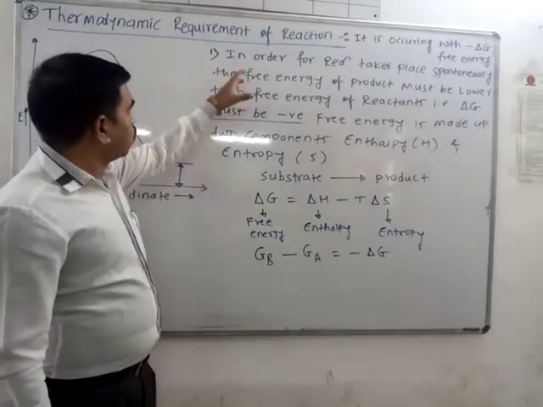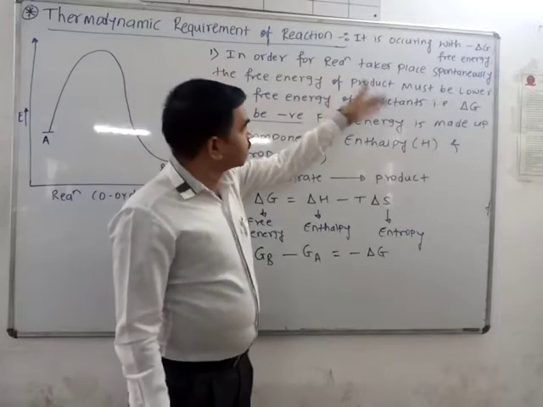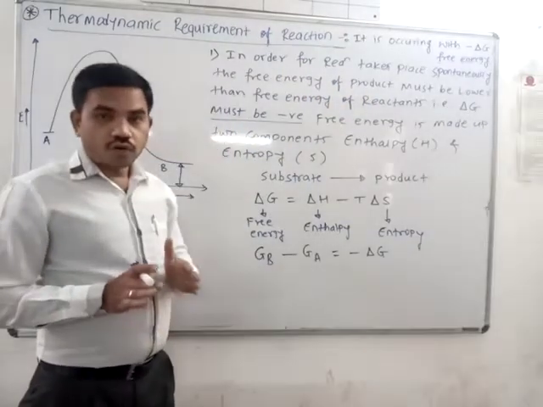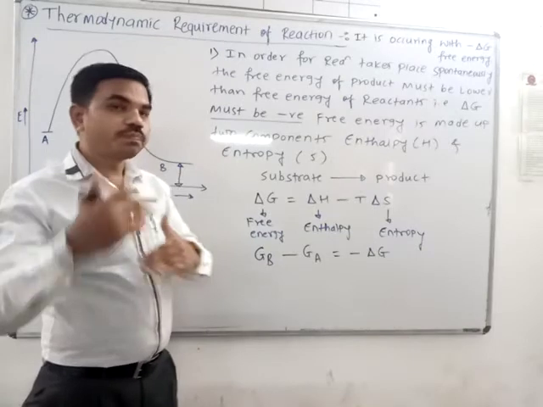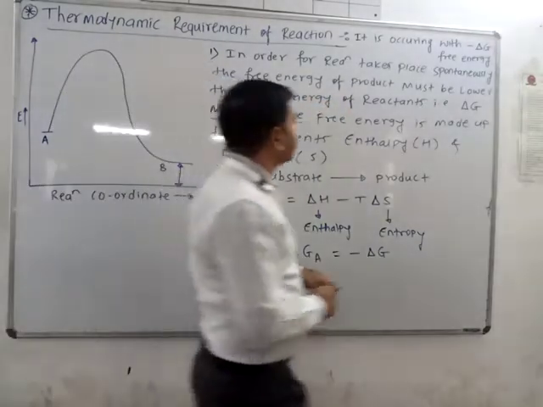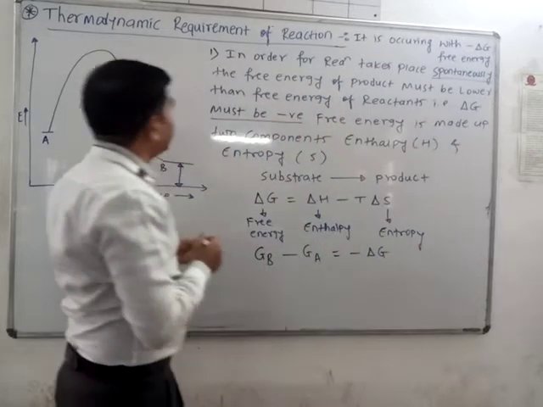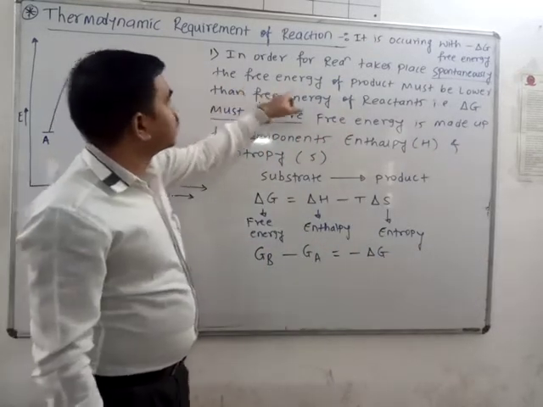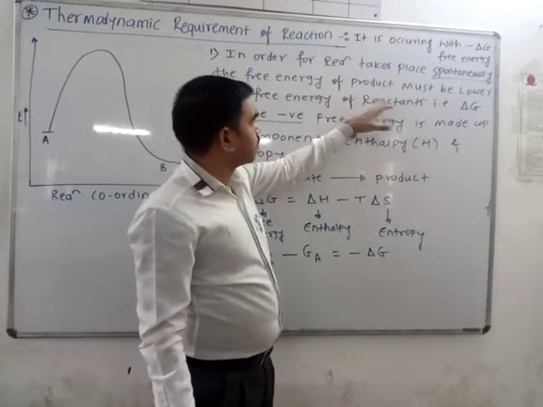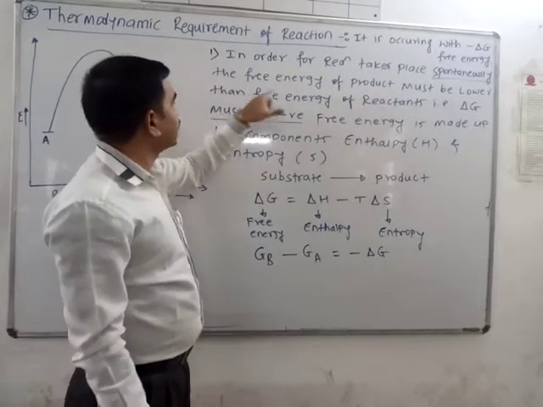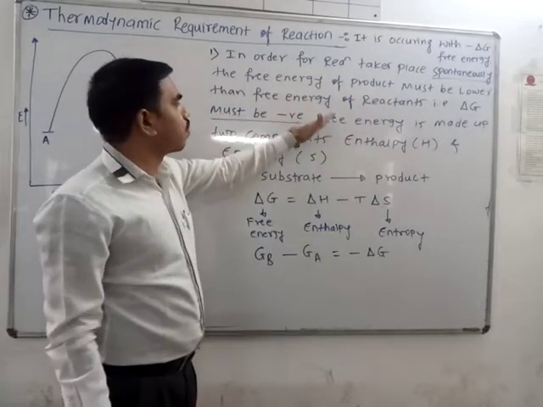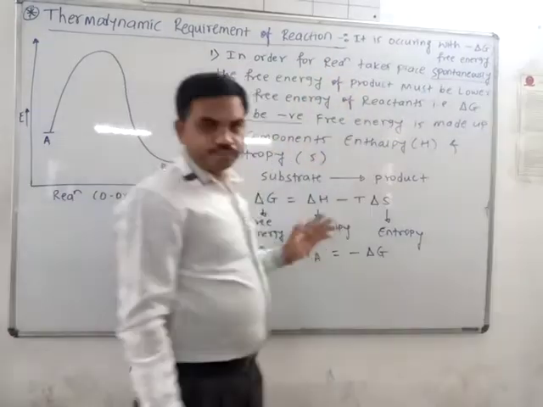So in order for a reaction to take place spontaneously, the free energy of product must be lower than the free energy of reactant.